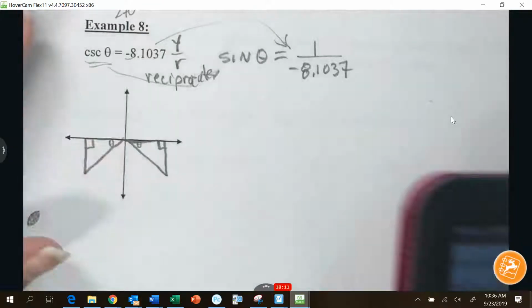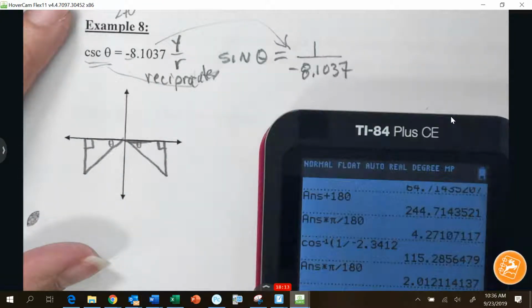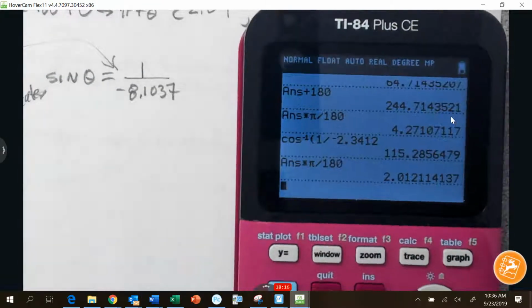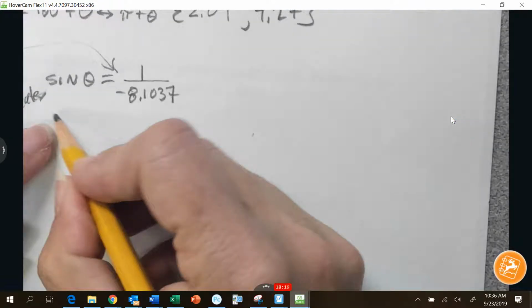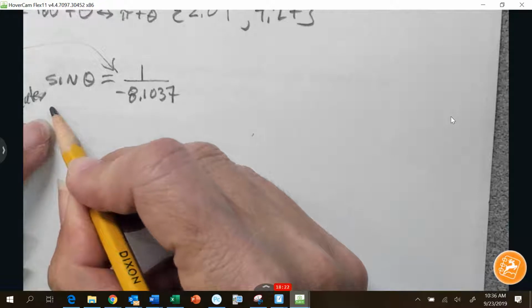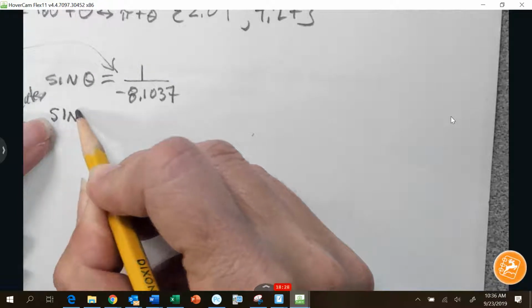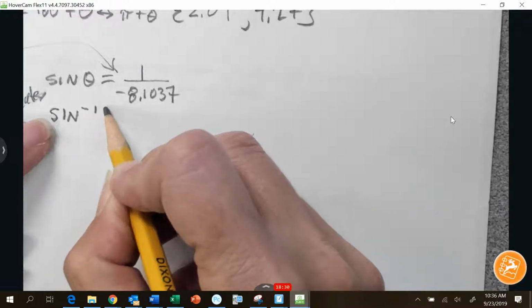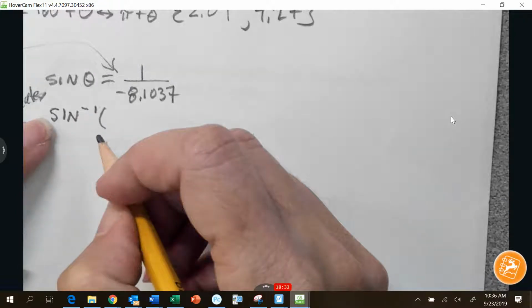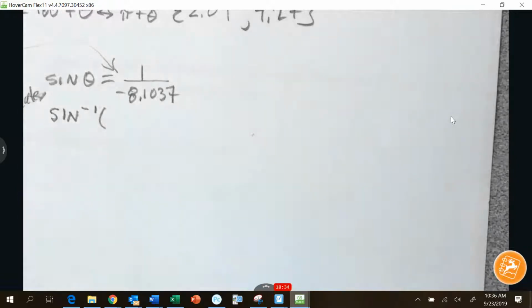So I'm in degree mode in my calculator. Oh, I didn't do it yet, sorry. What am I going to do? We're not multiplying by. We are taking the inverse sine. You guys remember when you did logarithms? You're not multiplying by log.